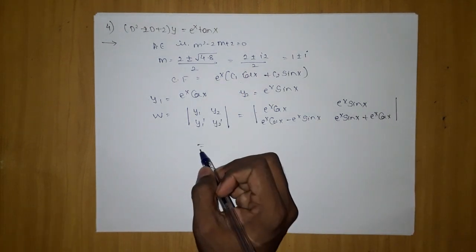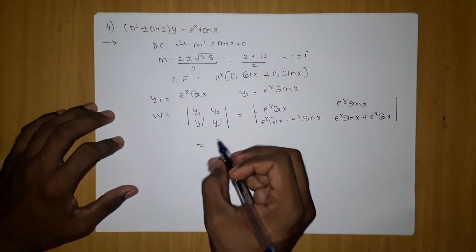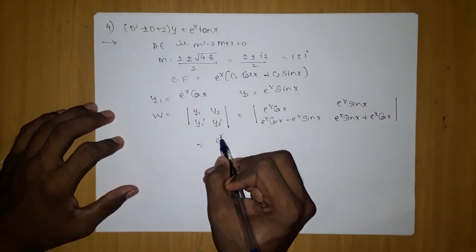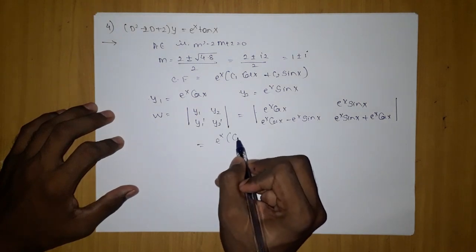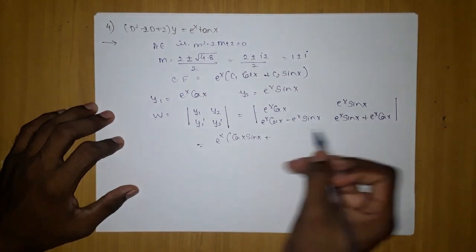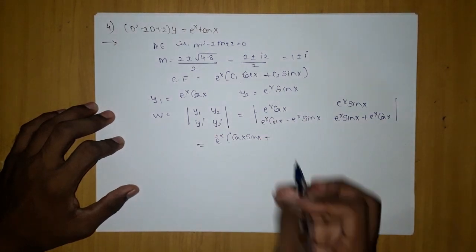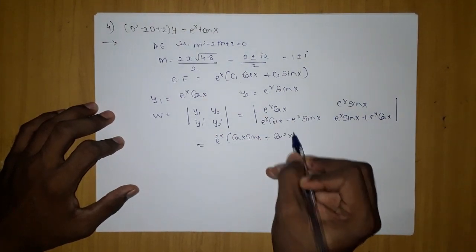Its simplification will be a bit lengthy, so if we simplify it a little fast, first e to the power x cos x times e to the power x cos x plus sin x, e to the power 2x will become, all of them will add on, and here cos square x will be there.